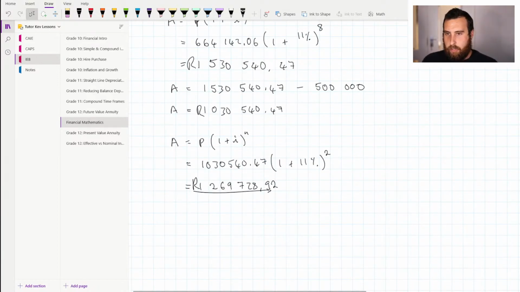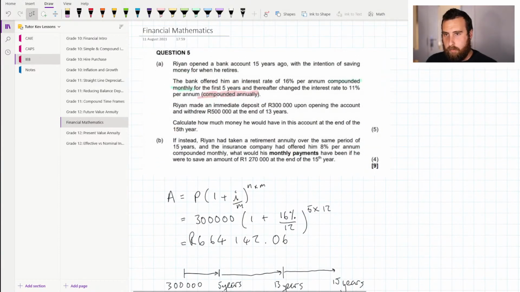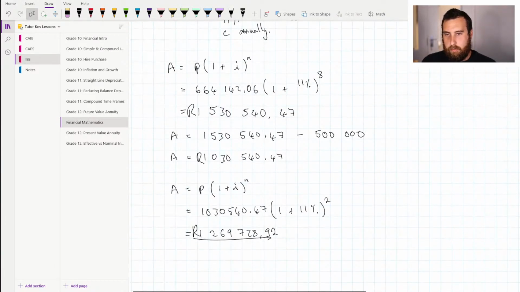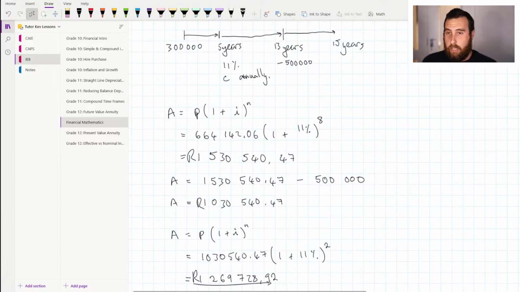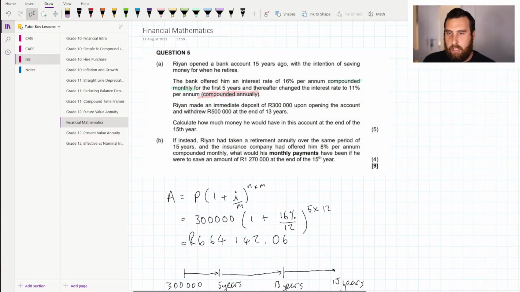Right, so we determined that this person, Rian, will have almost 1.3 million Rand at the end of 15 years. So let's move on to part B. They said, if instead Rian had taken a retirement annuity, over the same period of 15 years, and the insurance company had offered him 8% per annum compounded monthly, what would his monthly payments have been if he were to save an amount of 1,270,000 Rand at the end of the 15th year?